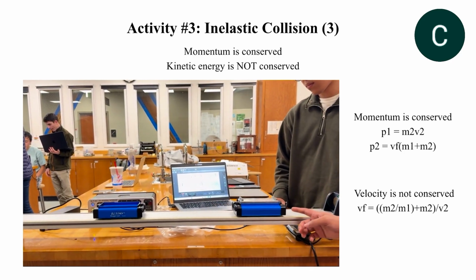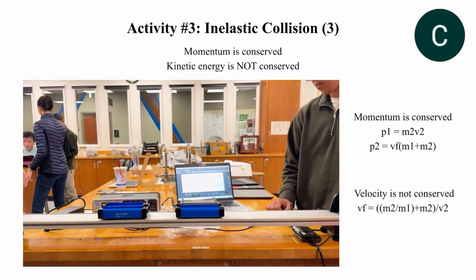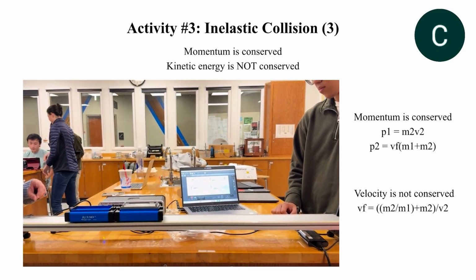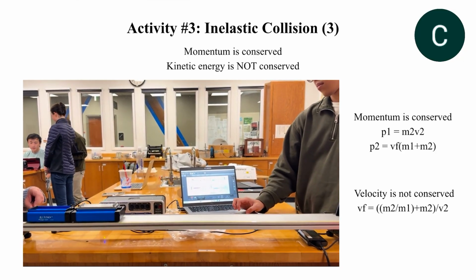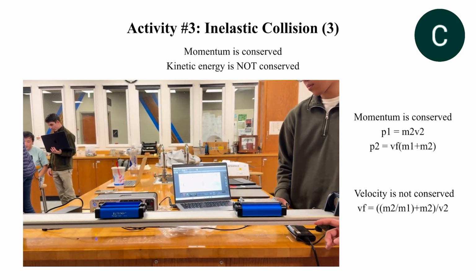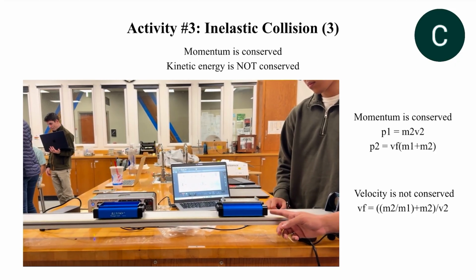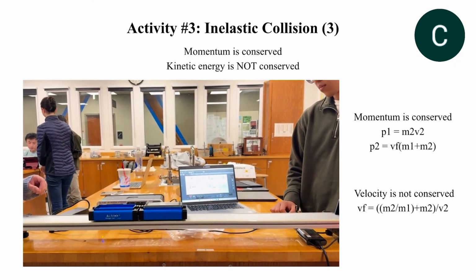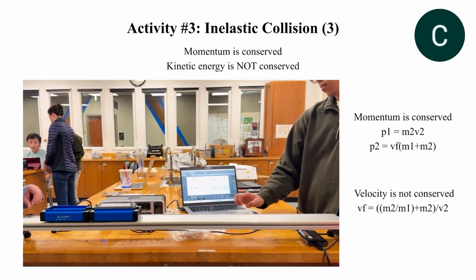We can solve this equation for the final velocity. We get velocity final is equal to m2 over m1 plus m2 times v2, which is shown on the slide. This equation correctly illustrates that because cart 2 is 0.5 kilograms heavier, the shared final velocity of the system will decrease.